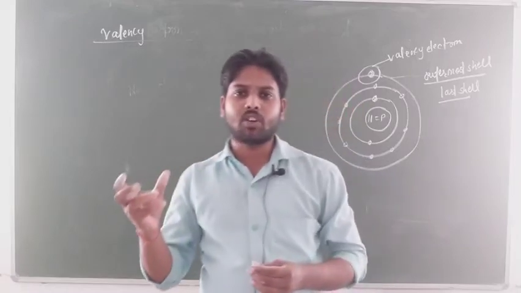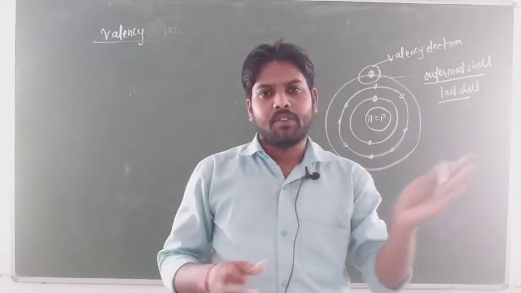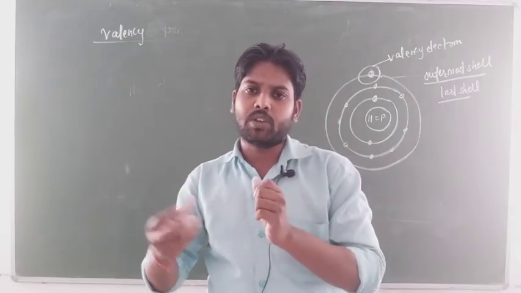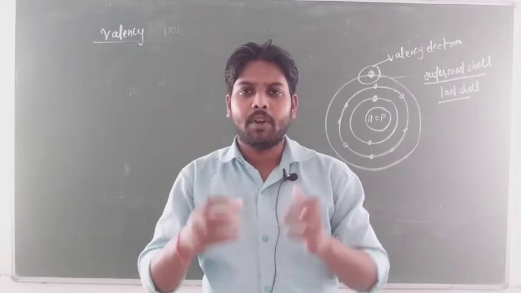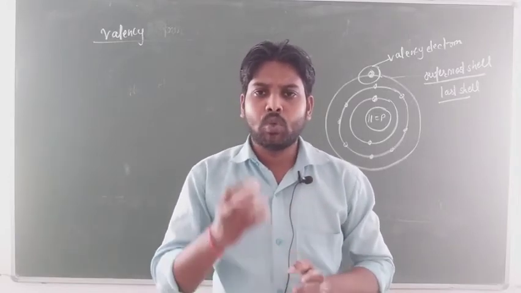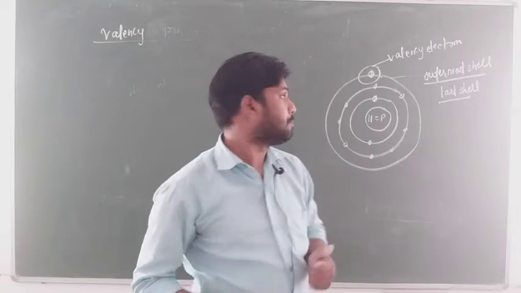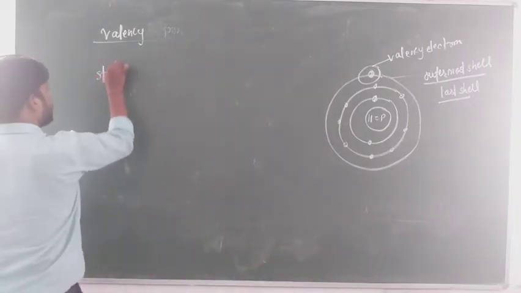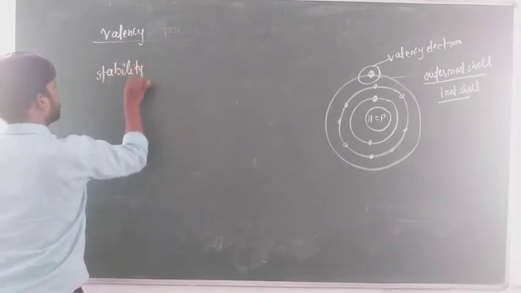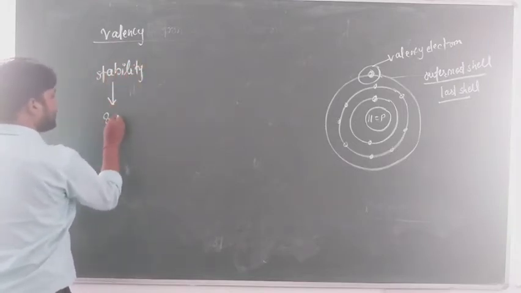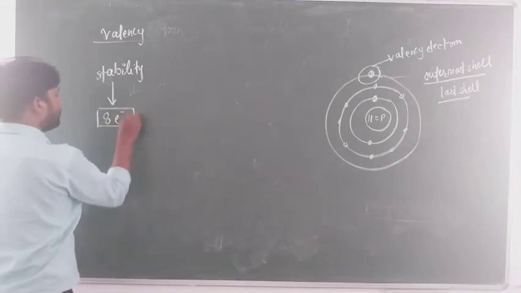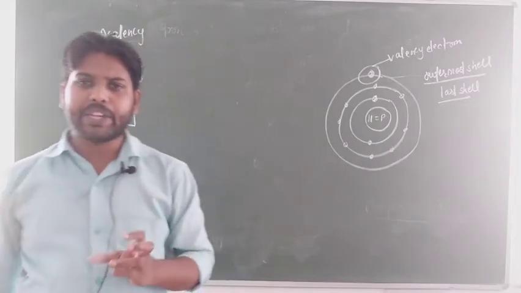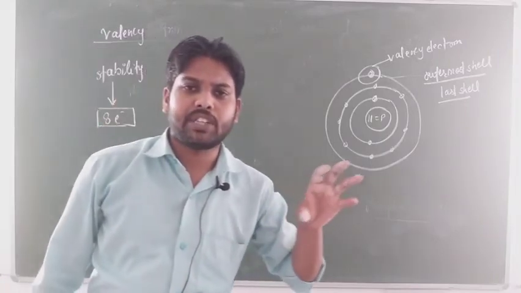If they have extra electrons, those atoms will lose their electrons. If they have a deficiency of electrons, they will try to gain electrons from another atom. But the main concept is to achieve stability, and stability means 8 electrons will be present in the last cell. 8 electrons will accommodate in the last cell.